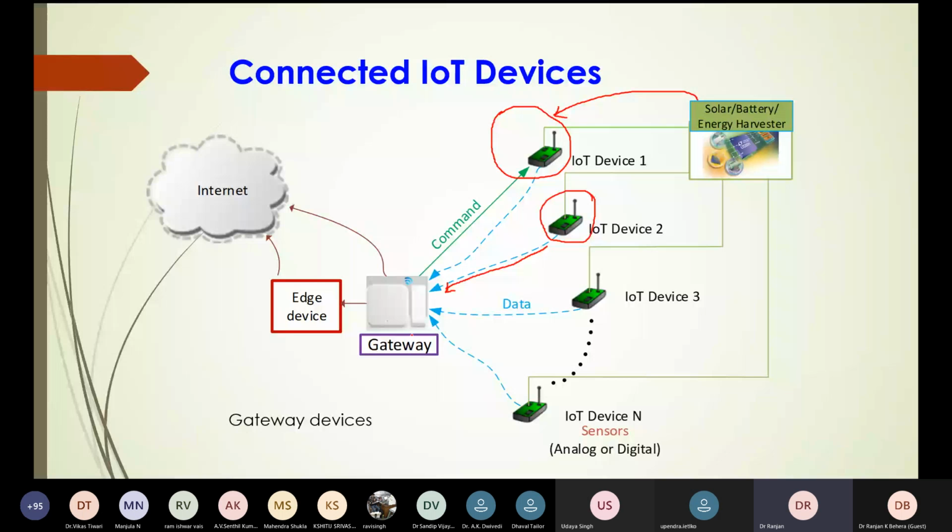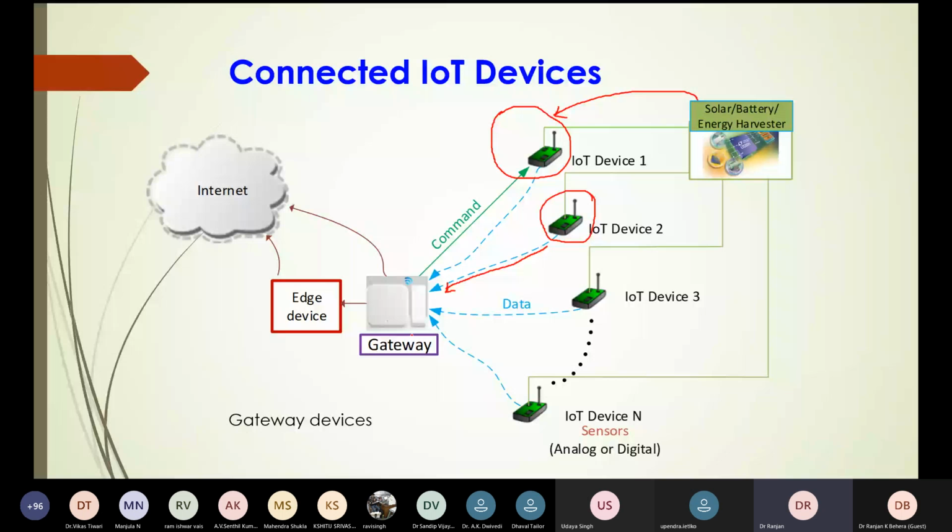For example, I measure solar intensity outside, and I put a small gateway system which will just receive the data and store it. It has little storage capability, not large storage capability.